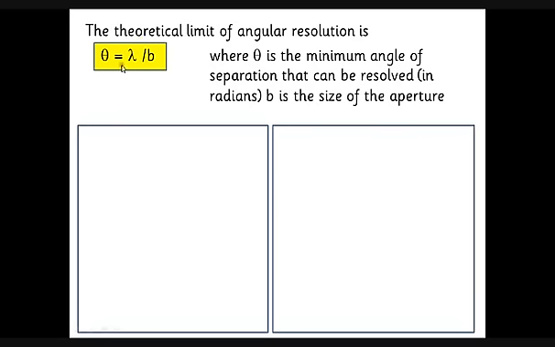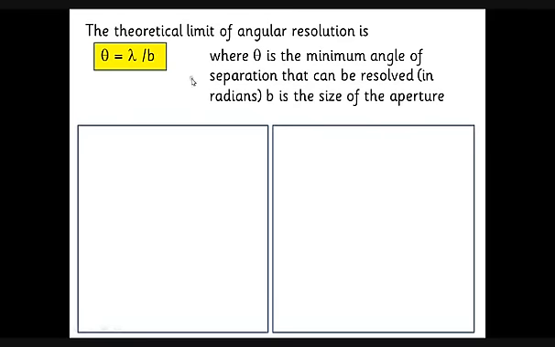Sometimes you'll see an extra number in here according to whether we're looking at spherical apertures and things, but that's the one that's on the spec. That's good enough for us. It's an approximation anyway, so we're not going to get too worried if there's a number like 1.2 in here. It's just to give us a reasonably good idea. So if the angle that two things are actually at is less than this, then we're not going to be able to see that they're two separate objects.